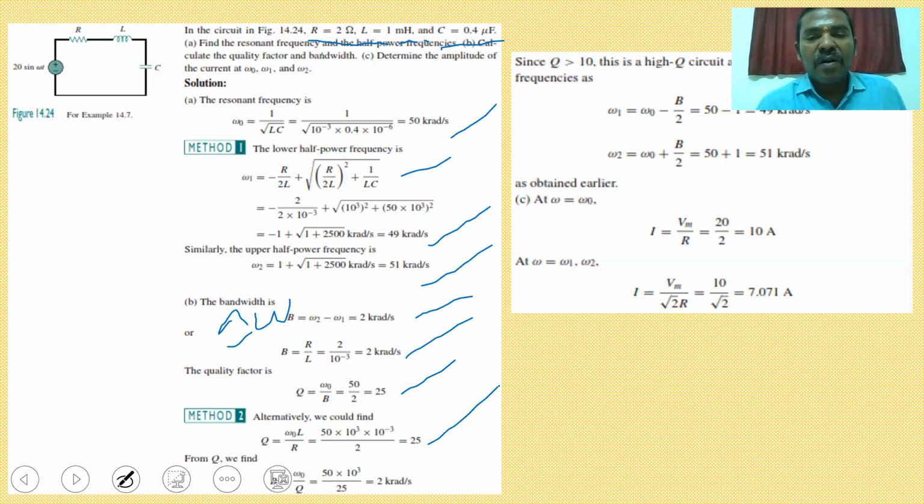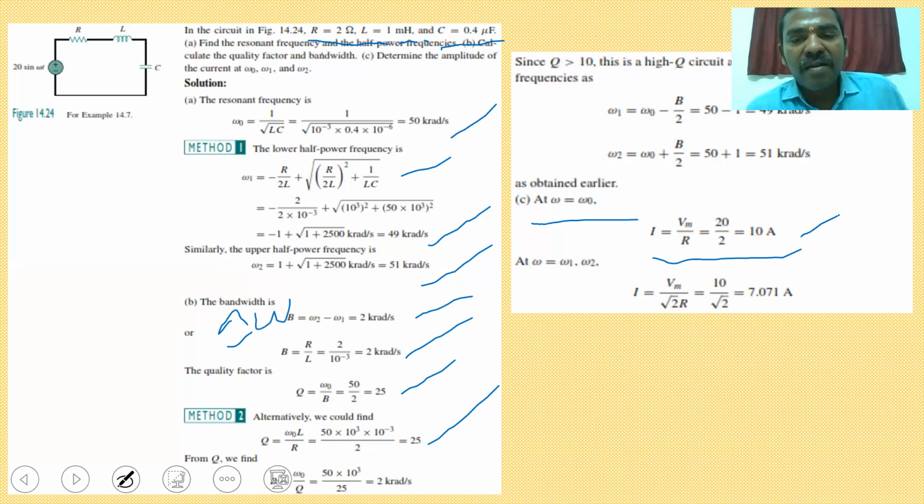At omega equal to omega naught, under resonating condition, I is equal to Vm by R. What is the voltage given for this circuit? 20 sin omega t, so Vm is equal to 20. From that, 20 divided by 2, you can get 10 amperes.